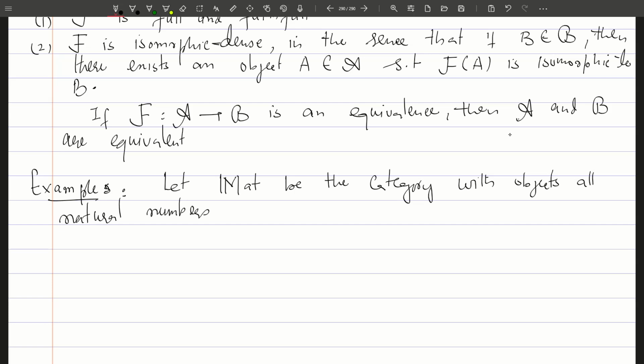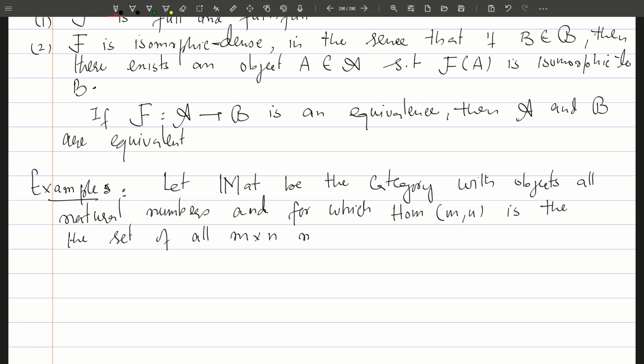And if we consider the morphism set between the objects m and n, where m and n are natural numbers, this is the set of all m by n matrices.